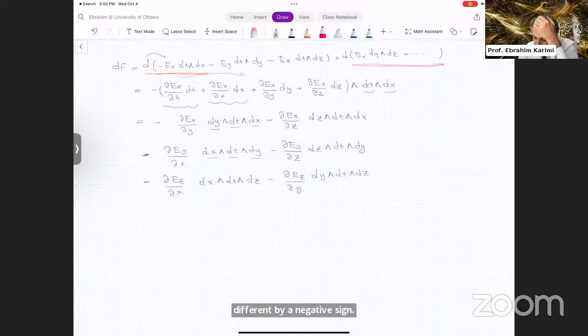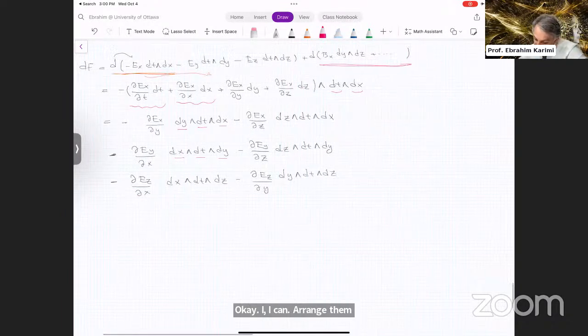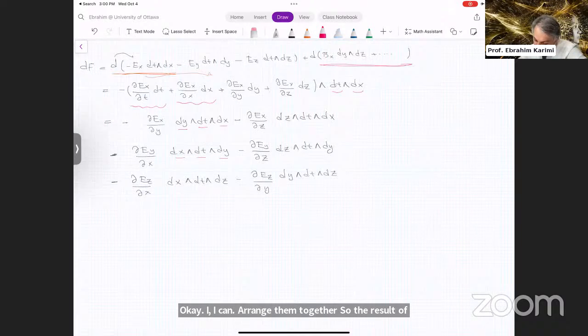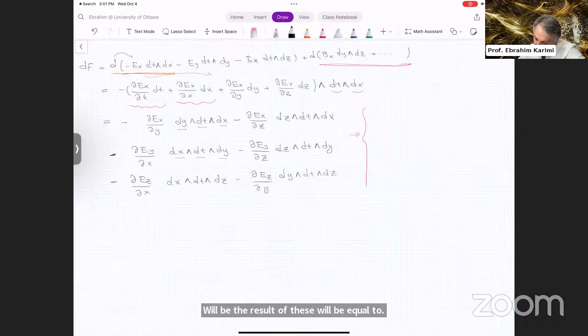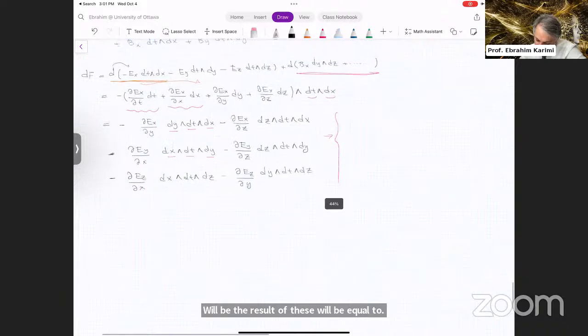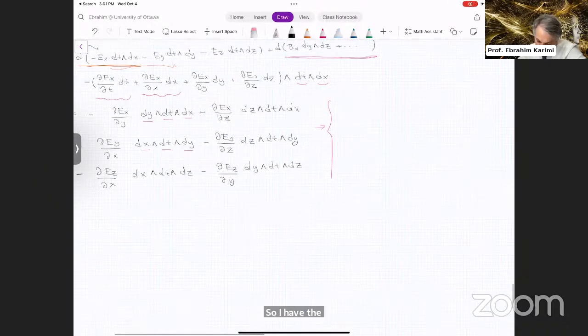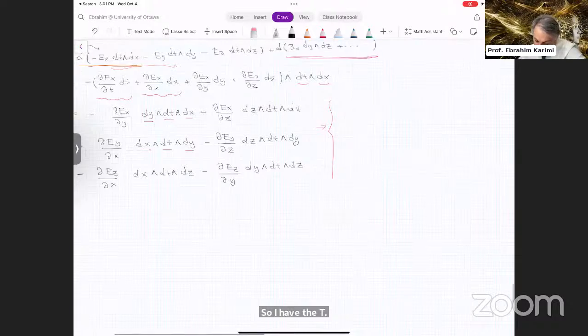I can arrange them together. So the result of these will be equal to, so I have the three terms. Swapping t and x, I will get a positive sign.